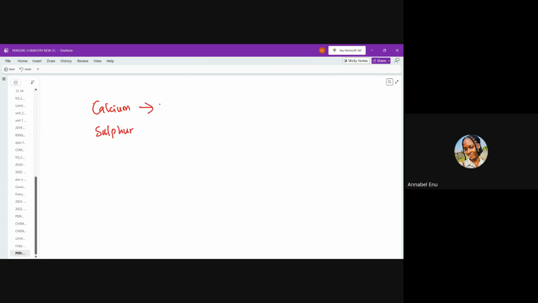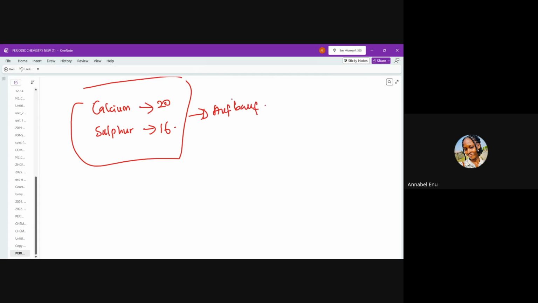Calcium is 20, sulfur is 16. Okay, so you people will work on this using the Aufbau method. That will be at the end of the class. But for now, let us go. So the 3, 4 of you should write this in your notes. Then you tell me your answers towards the end of the class when we are doing some practice questions.